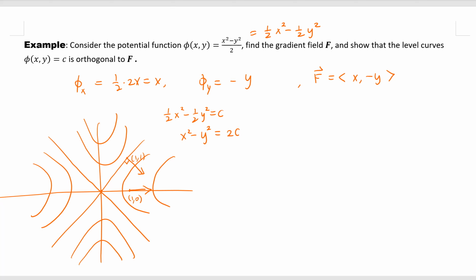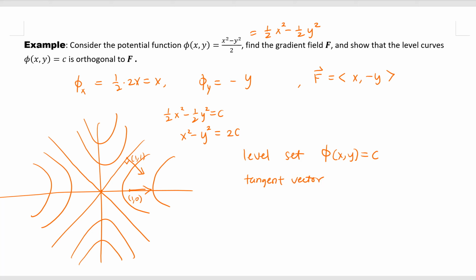And here, as to show it, actually we showed it before. We showed it in chapter 12, but it doesn't hurt to review it again. Okay, how would that work? So first, consider the level set phi of xy equals c, right? And how do we get a tangent vector?